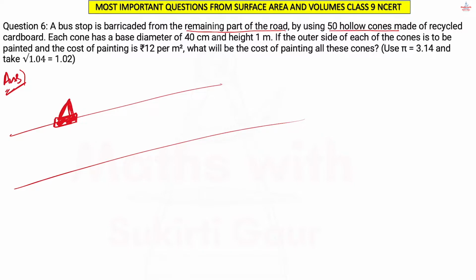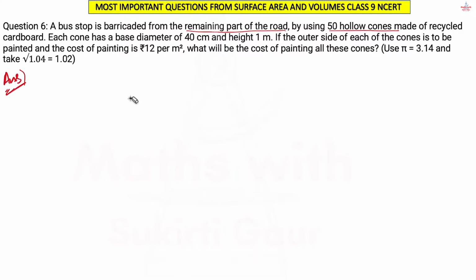They are used to barricade, to block some part of some area, right? They are hollow cones, not solid, because it is very difficult to carry solid cones from here to there, right? It means they do not have any base but only have the upper part of the cone, like this curved part, right? So no base, they are open from the base. They are made of recycled cardboard.